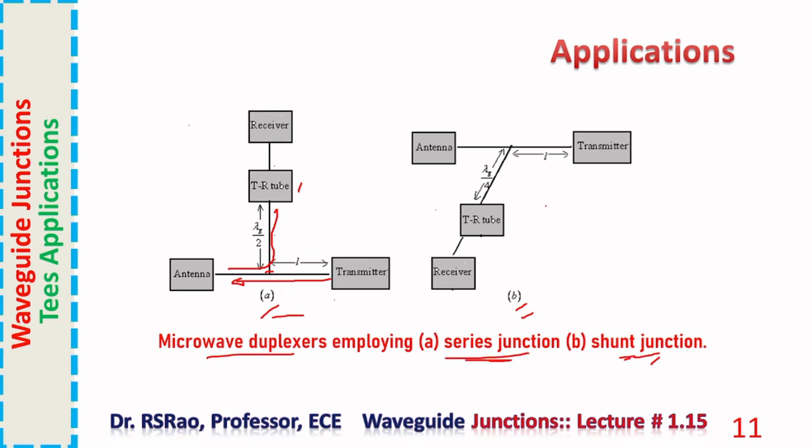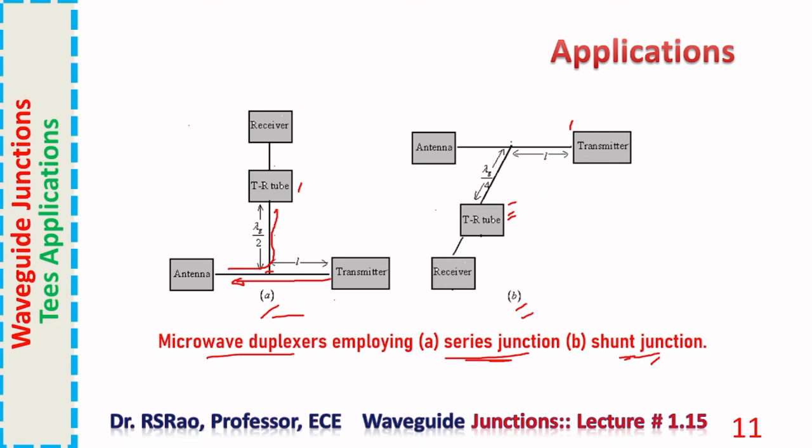In the case of a shunt junction, it is almost the same as when a series junction is employed. When the transmitter is giving out power, the TR tube gets fired. It is a short, and a short at a distance of quarter wavelength appears as open.